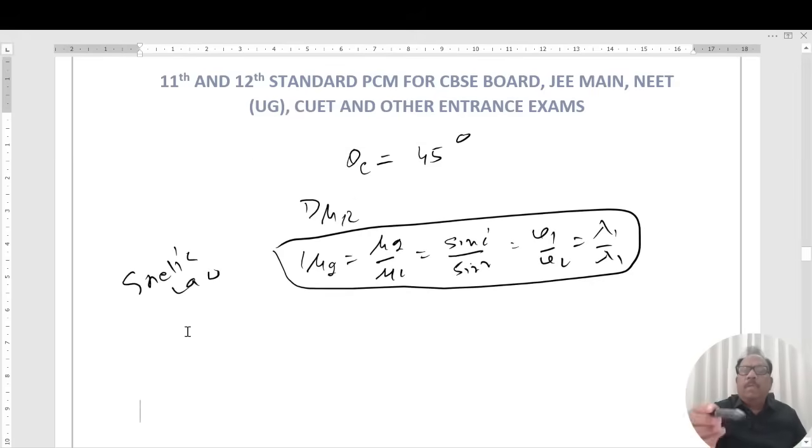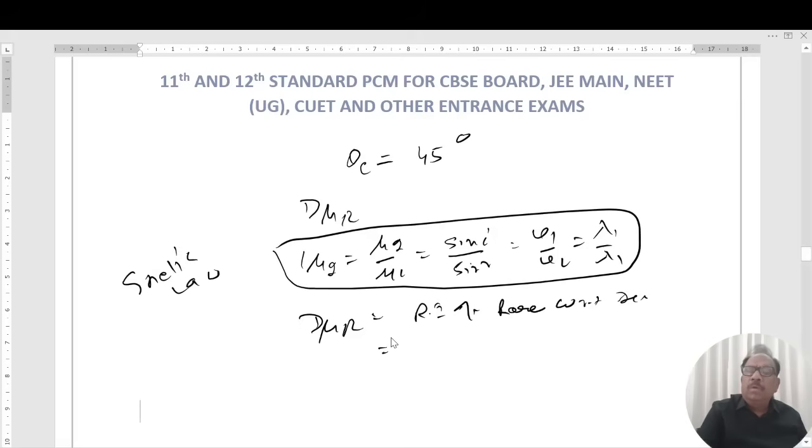Now, d mu r is the refractive index of rare with respect to denser. So that will be mu r over mu d equals sin i over sin r.